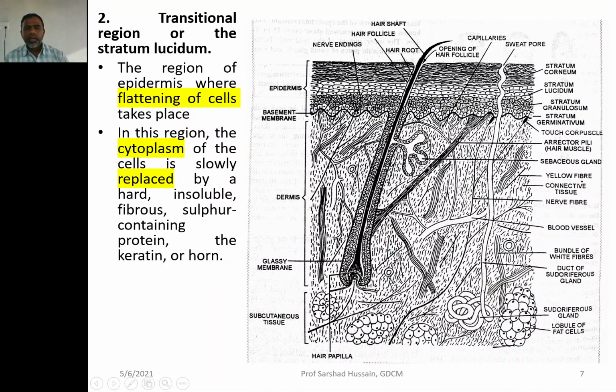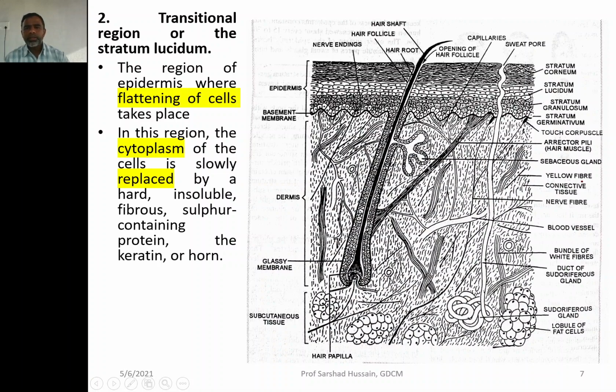Because the skin has keratin protein present at the outermost layer, here the process has started that the cytoplasm of the cell is going to be replaced by this hard material keratin, which has a fiber-like structure, and once the cytoplasm is fully replaced, it will give the appearance you can see in the stratum corneum.